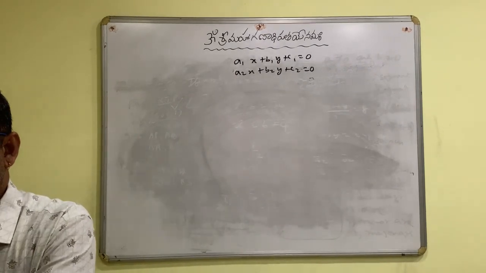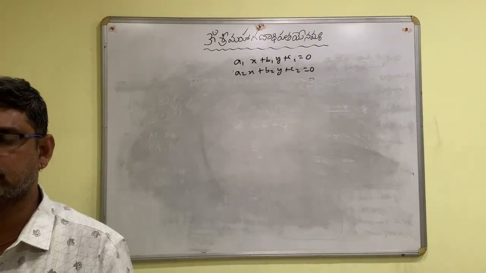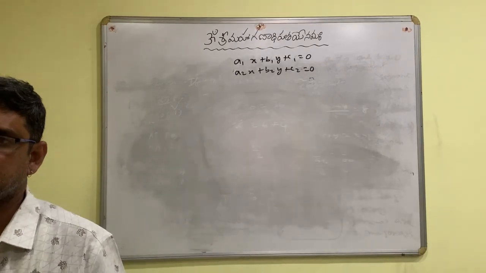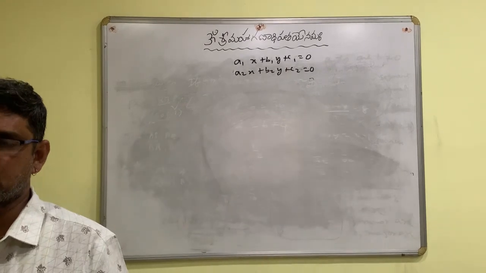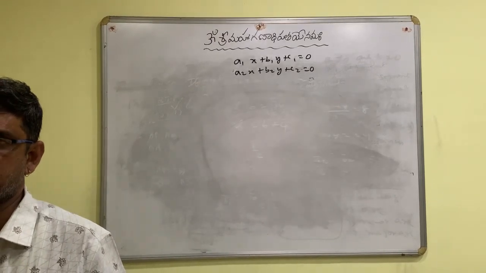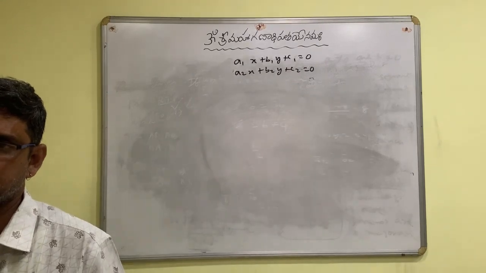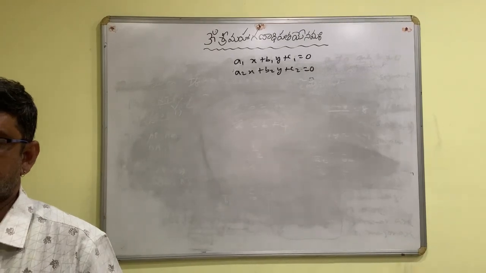Namrata's pair is x is equal to 4 plus y, x plus y is 10. And her answer is they are inconsistent. What about the others? x plus y is 10, x is equal to 4 plus y. Are they consistent?